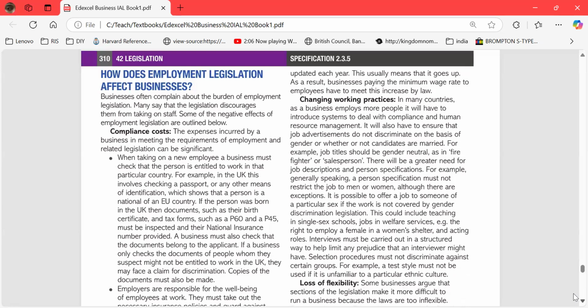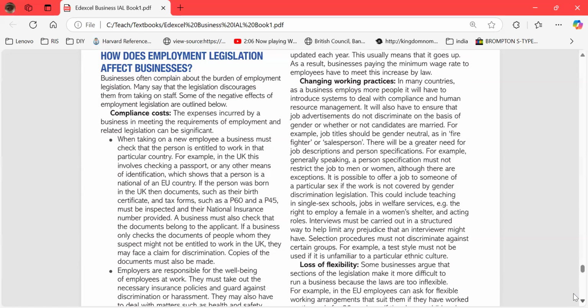Then we have changing working practices. Lots of different practices are there which are prohibited. Suppose child labor, it's illegal in many countries. This is an example, and lots of other examples are there. You should go through all these examples, and if you have any problem, let me know.